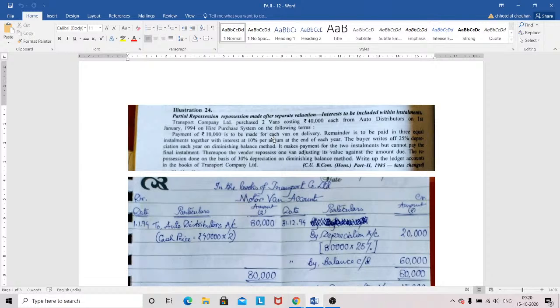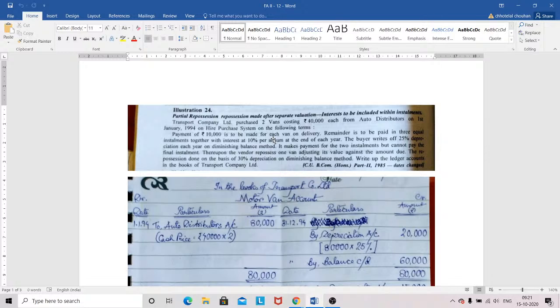Consider yourself as a hire purchaser. Now you have charged 25% depreciation, and the hire vendor will charge 30% depreciation, so you have to face a loss. There should be a loss on repossession because of that particular rate of depreciation.